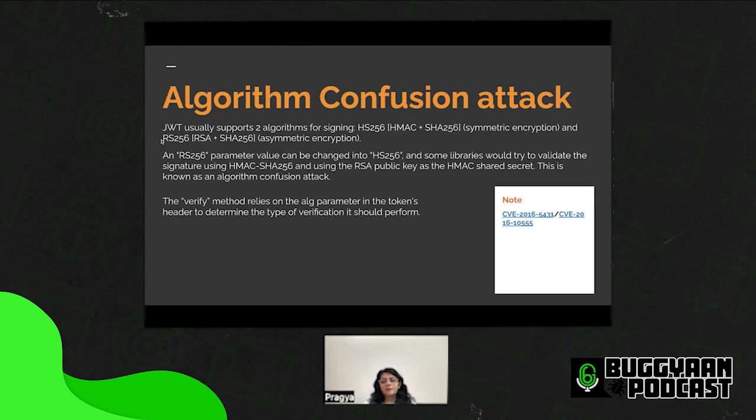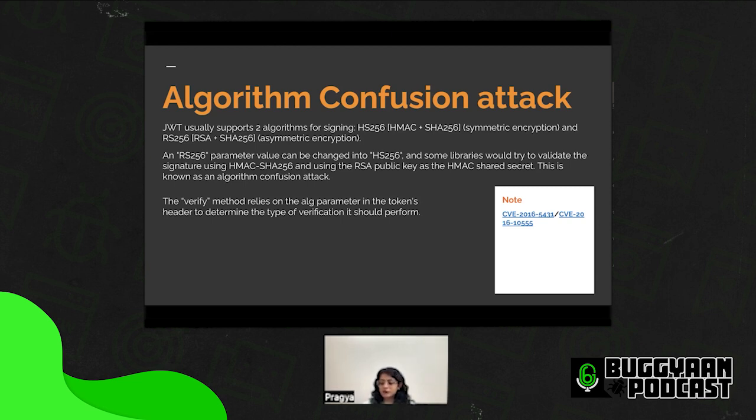Now, when we are implementing JWTs, there are functions for signing the JWT. Then there are functions for decoding the JWT, and there is a function for verifying the JWT.